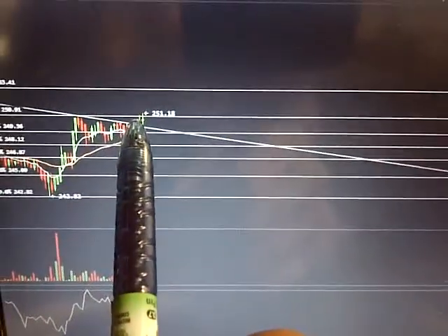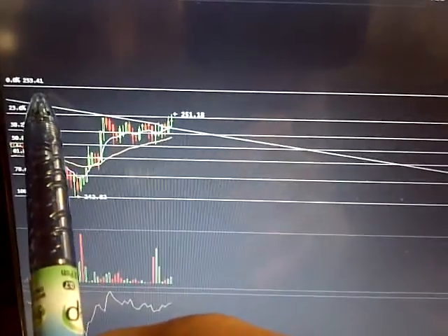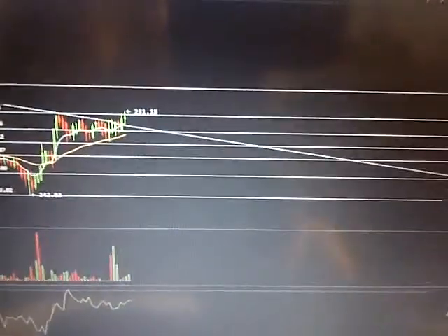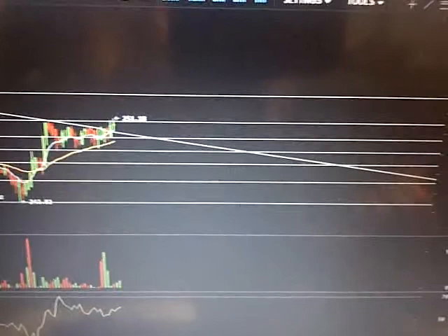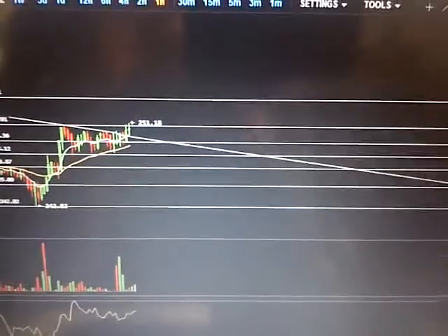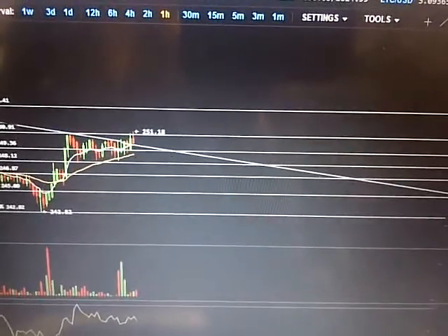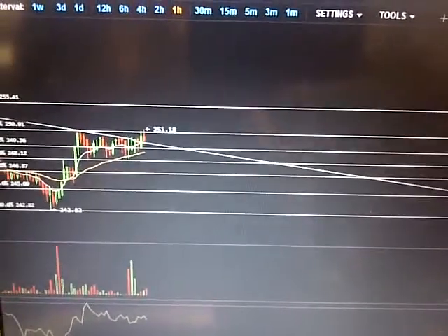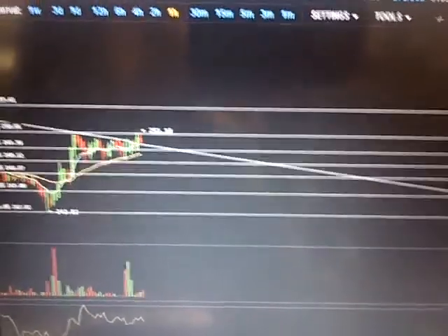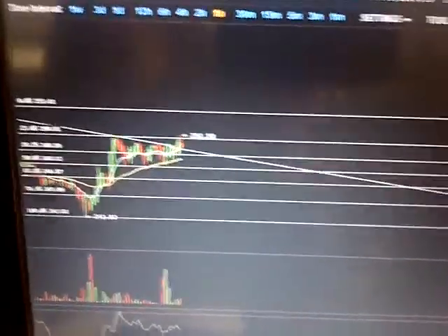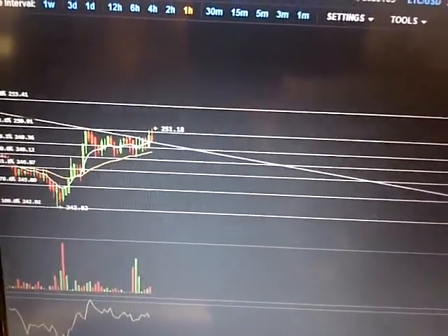Question is, if it breaks above this, will it keep going until it reaches 253.41? I'm not sure. That's the whole point of this experiment, to see how it works itself out. Is there something to Fibonacci lines? Is there something to trend lines and all that?